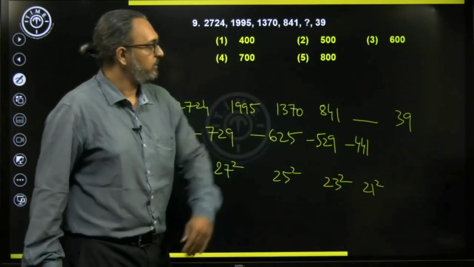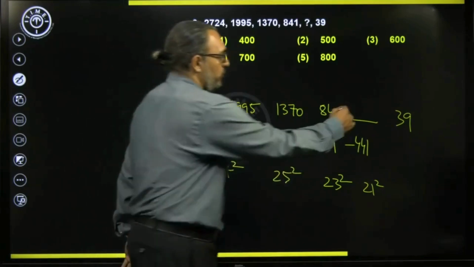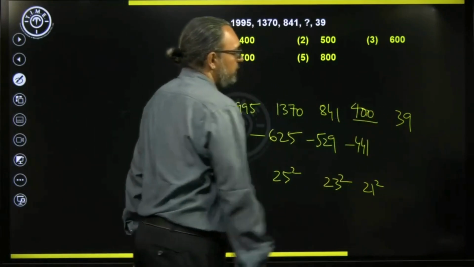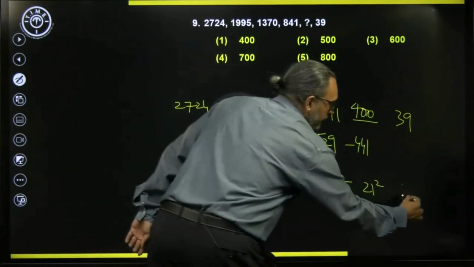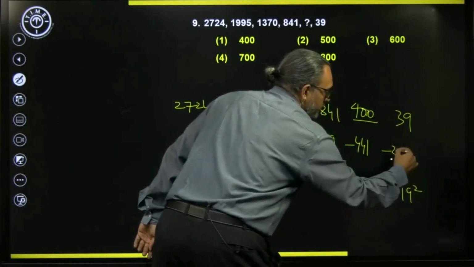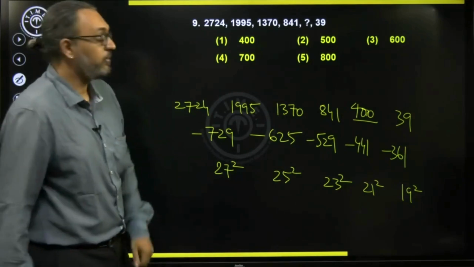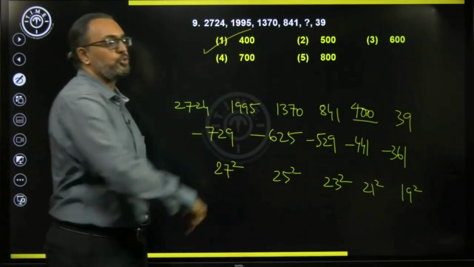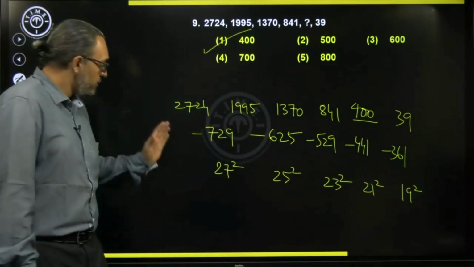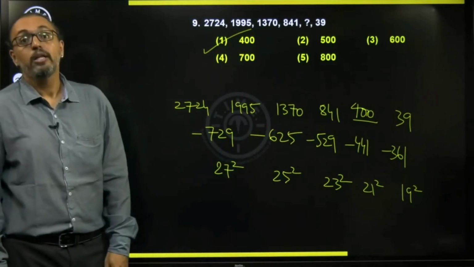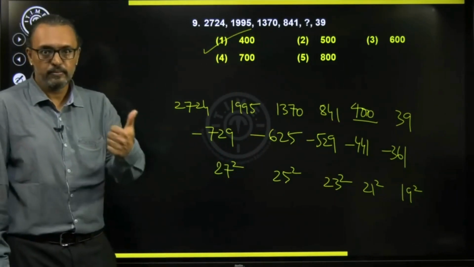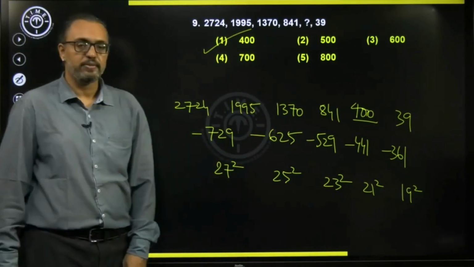So you subtract 441 here. So you are going to get 400. And then you have 19 square. 19 square is 361. So you subtract 361, you will get 39. So 400 is what we choose as our answer. So subtraction of odd number squares. Got it? Consecutive odd number squares is the logic.